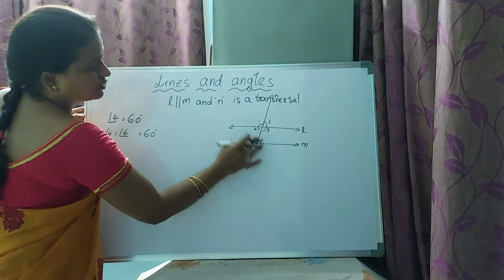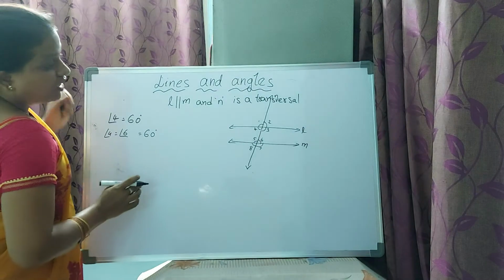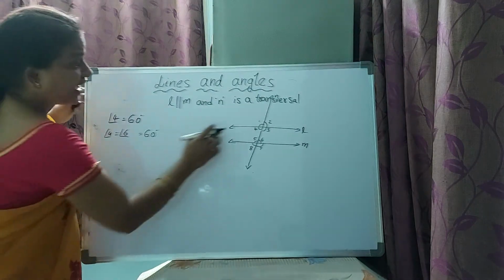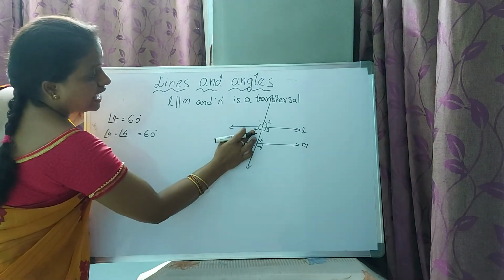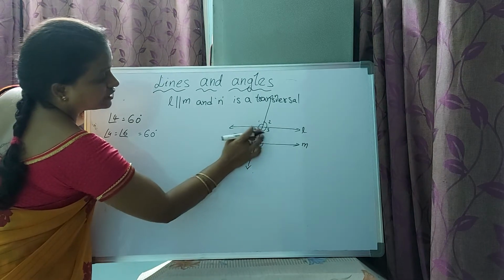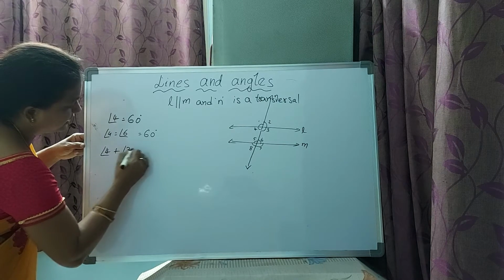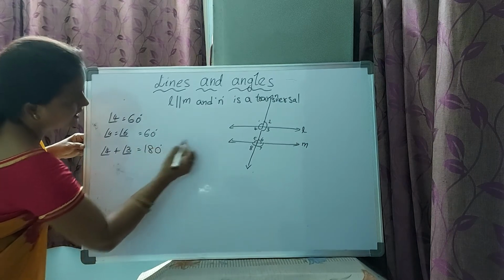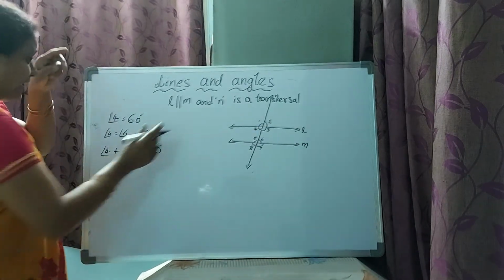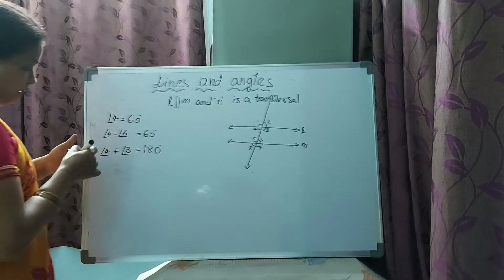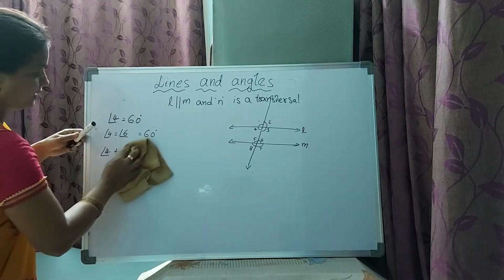That means angle 6 we know, angle 4 also we know. See, angle 4 plus angle 3 is equal to 180 degrees, linear pair. Otherwise, angle 4 plus angle 5 is equal to 180. Like that also you can write it.